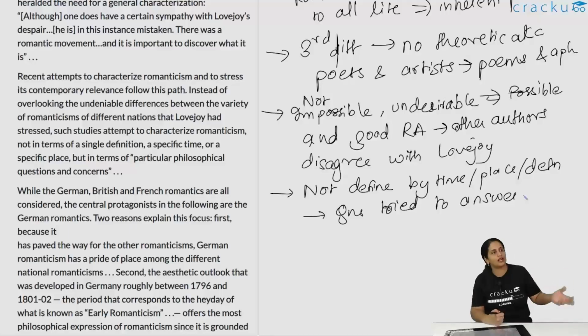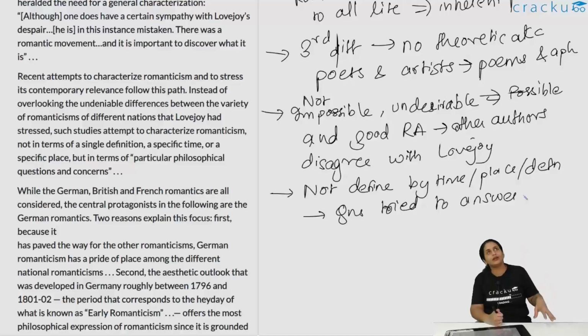When you say there was a Renaissance movement, you had the Renaissance in this period, in this time, in this place. The Renaissance was from this AD to this AD, and in Italy. You could give place, time, etc. Now this movement is not that clearly defined. It doesn't have a clear time definition, a place definition, or even a conceptual definition as such.